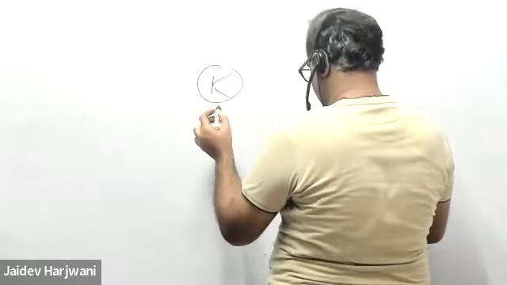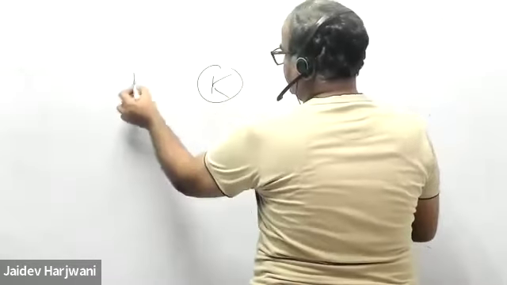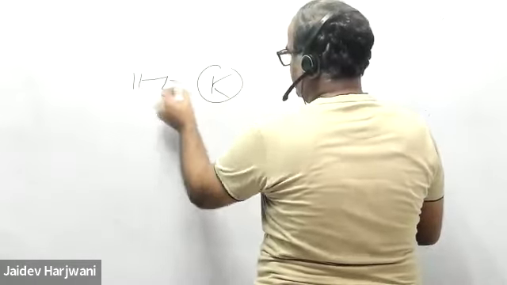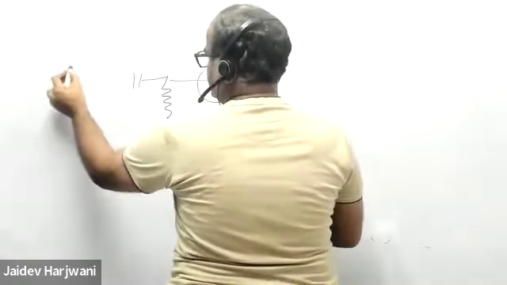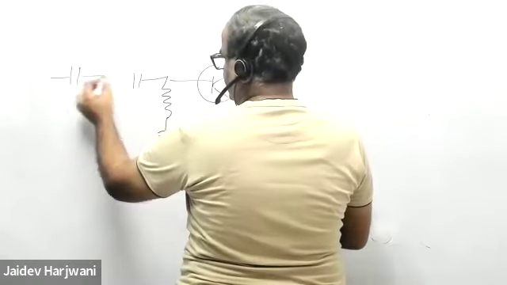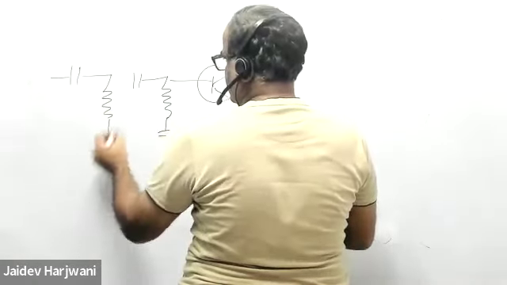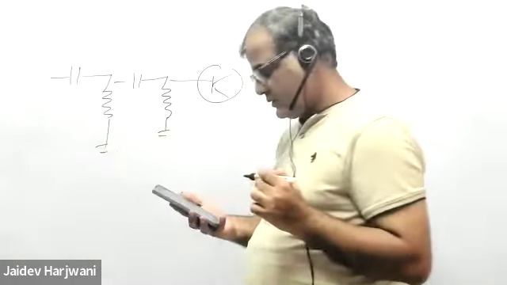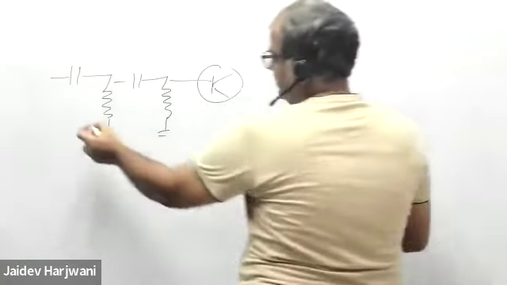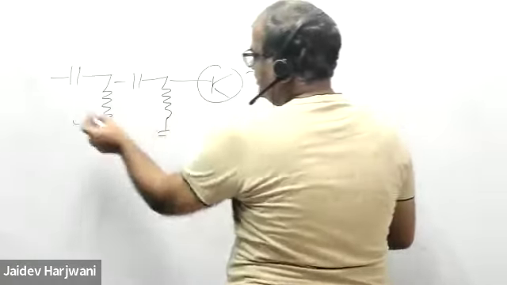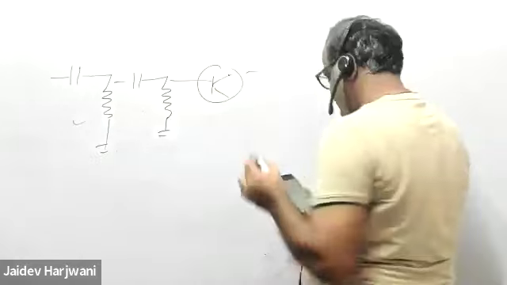And these are the sections. So this is called phase shift oscillator. If you want the phase to be 0, this should be 180 and 180 should be 0.